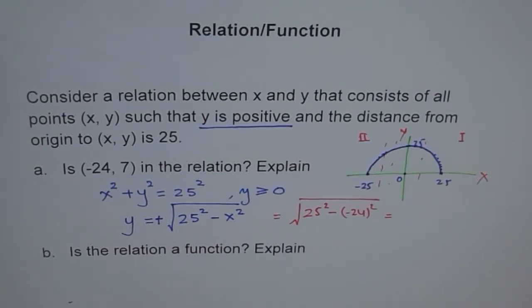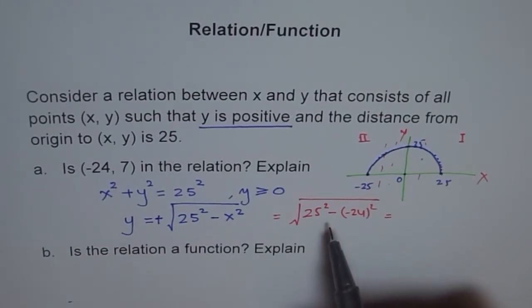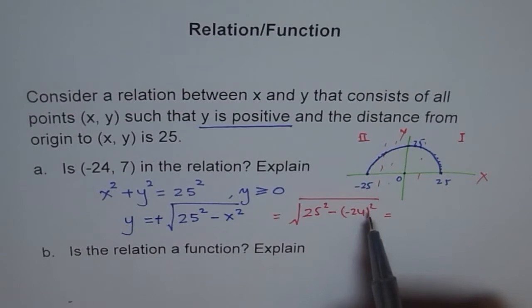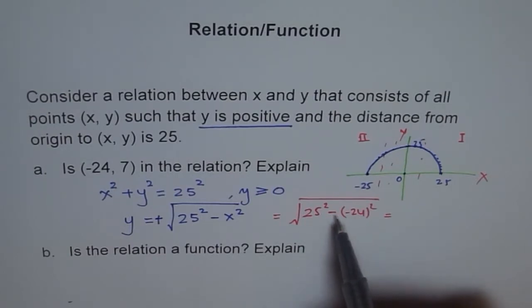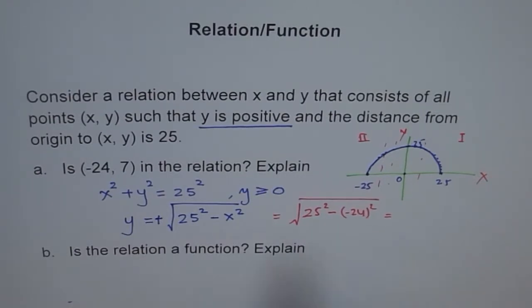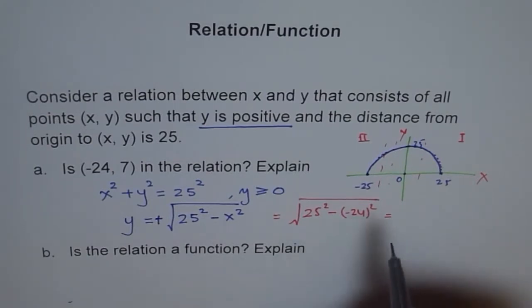It's very difficult to do without a calculator. But in any case, the square of 24 becomes positive. I can use a calculator, but I don't want to, because I want to show you that we could do it without a calculator here.